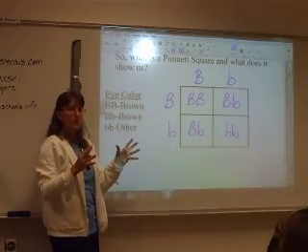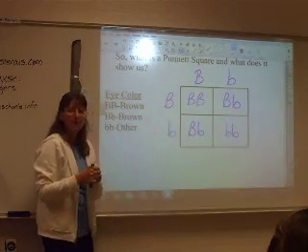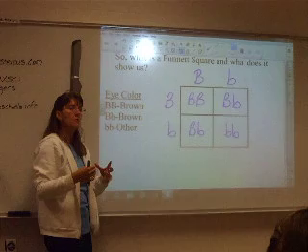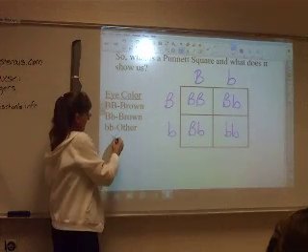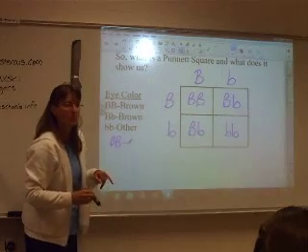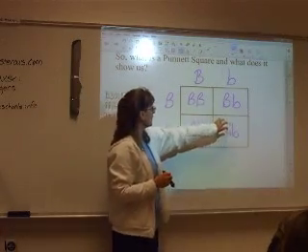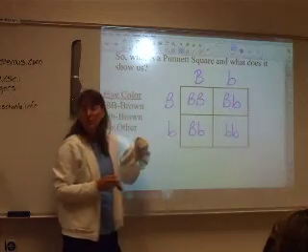A lot neater than drawing all those lines, right? Much more organized. So now let's look at these 2 brown-eyed parents and figure out the percentages of the offspring. So dominant, pure, what's our percentage? Each one of these boxes is what? 25%.